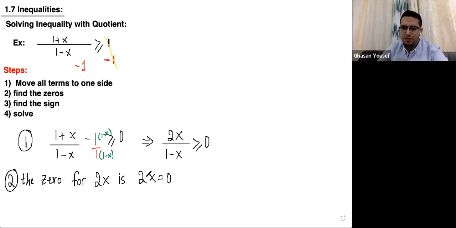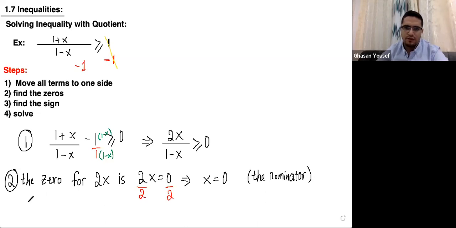I divide both sides by 2, 2 divided by 2 cancel out, and I get x equals 0. This is the first zero. This is the zero for the numerator.